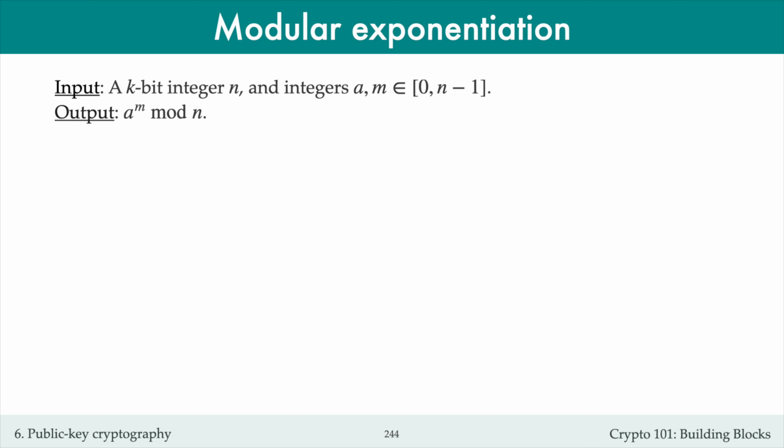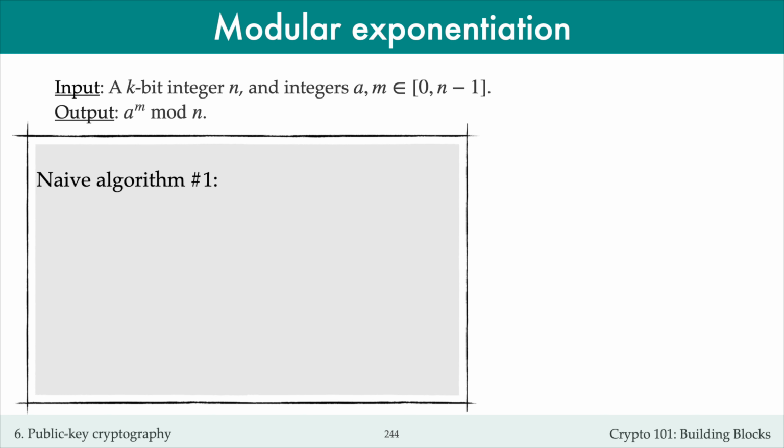The algorithm is fairly straightforward, but far from obvious. Let's first look at a naive algorithm for performing modular exponentiation. So to compute a to the power m modulo n, we'll first compute a to the power m by repeatedly multiplying a by itself, and then divide the resulting number d by n to get its remainder.